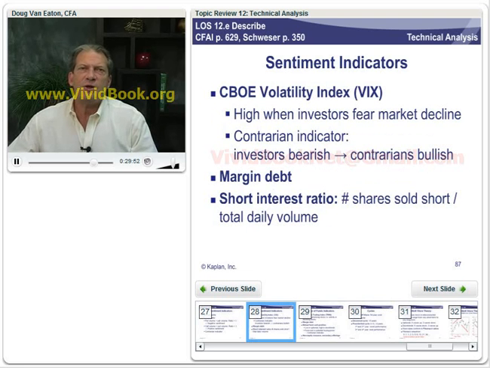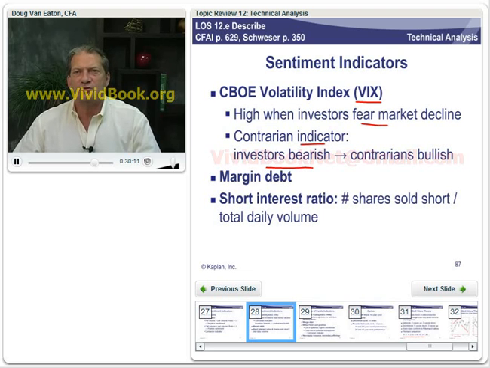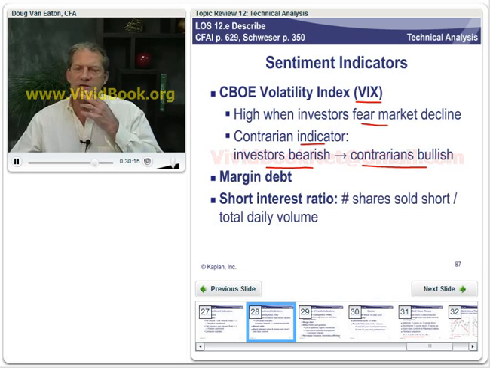The CBOE, Chicago Board Options Exchange Volatility Index, is high when investors fear market declines, and this is also used as a contrarian sentiment indicator. So when investors are bearish, they're worried, the VIX goes up, then contrarians get bullish and position themselves to profit from market increases.